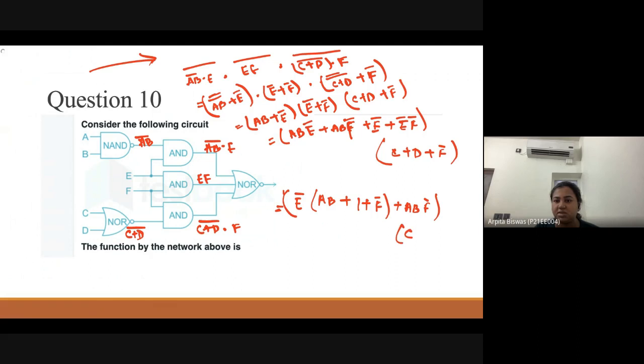And then C plus D plus F bar. So 1 plus something in Boolean function is 1. So here E bar plus A into B into F bar, right? And C plus D plus F bar. So this is the right answer.